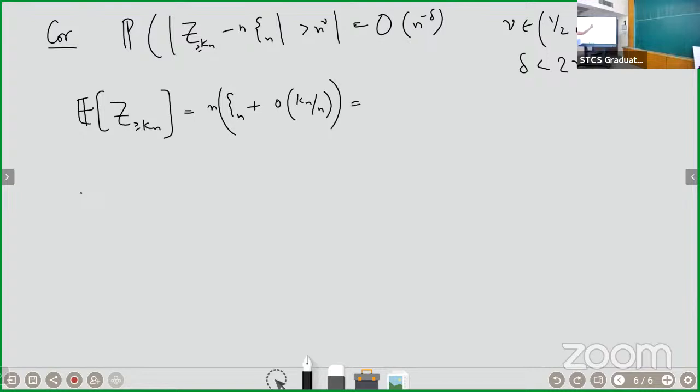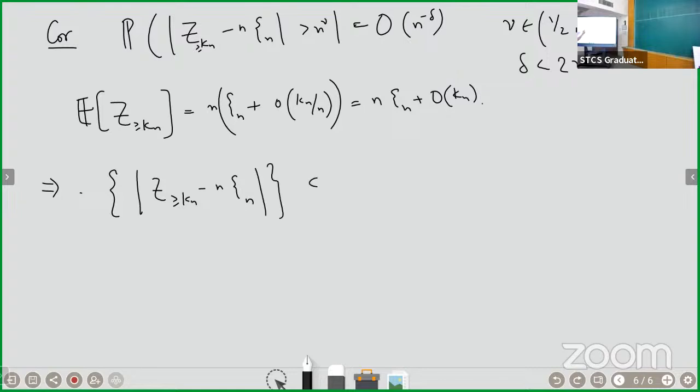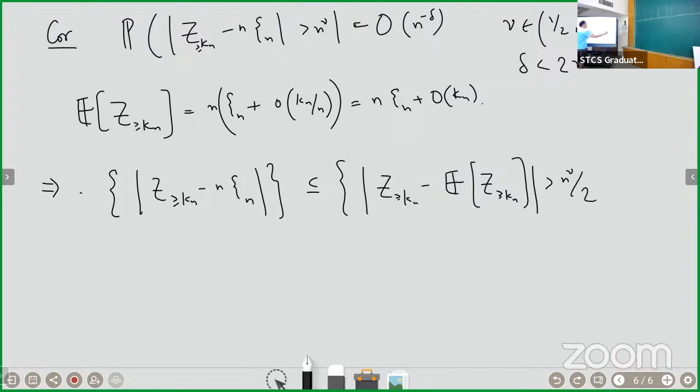So the event that... is a subset. Why is this true?